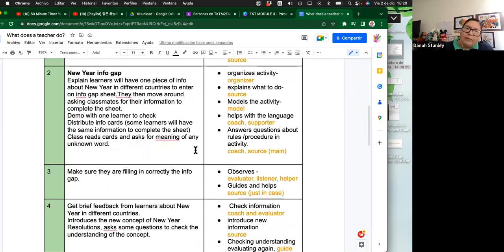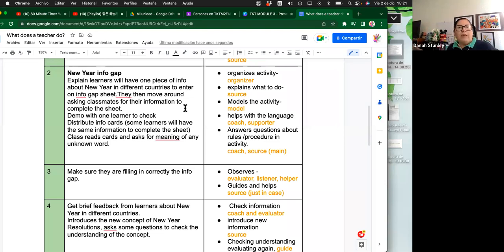The second activity I planned is to explain the students how they are going to develop the info gap. Entonces, I'm going to explain learners. They will have one piece of info about New Year in different countries to enter on info gap sheet. They then move around asking classmates for their information to complete the sheet. I have a demo.